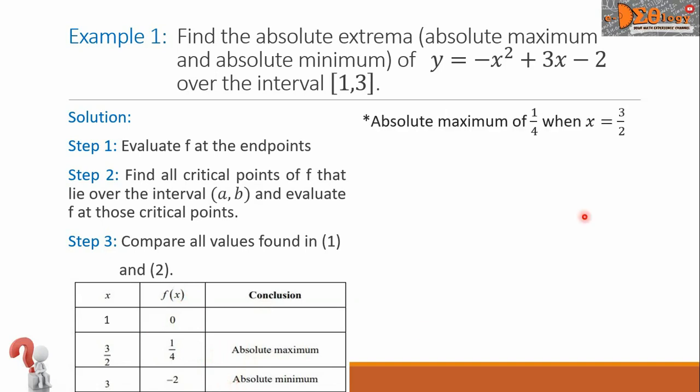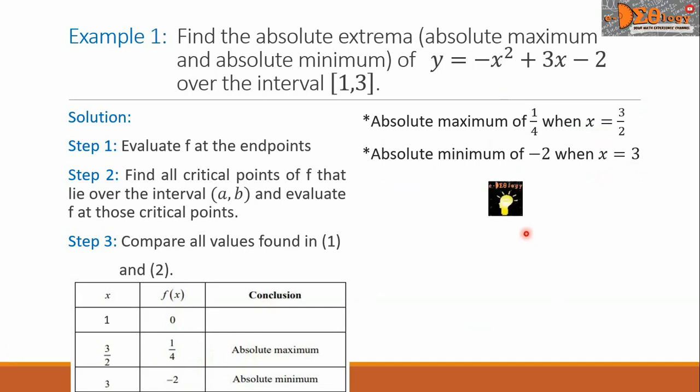In words, we can write like this: absolute maximum of 1 over 4 when x equals 3 over 2. Absolute minimum of negative 2 when x equals 3. This is our final answer.